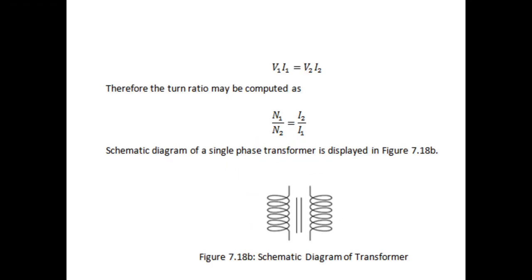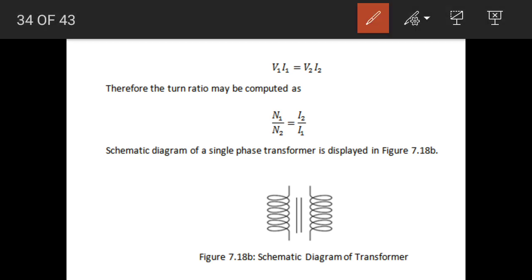Now we also know that V1 into I1 will be equal to V2 into I2. The power on the primary side will be equal to the power on the secondary side under ideal condition.